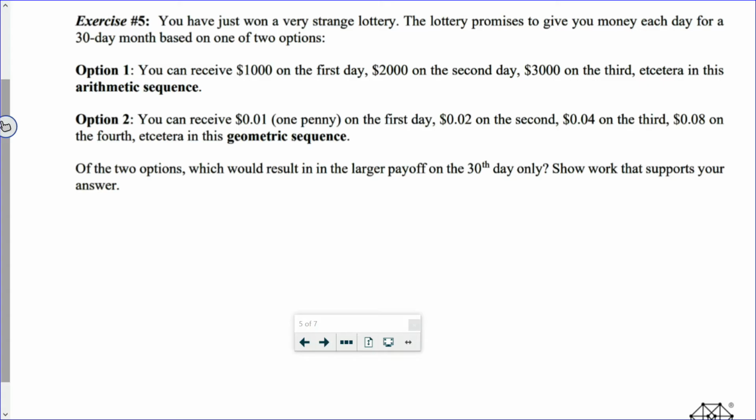Or option 2, you can receive $0.01, or 1 penny, on the first day, $0.02, or 2 pennies, on the second day, etc., $0.04 on the third day, $0.08 on the fourth, etc. in this geometric sequence. Of the 2 options, which would result in the larger payoff on the 30th day only? Show work that supports your answer.